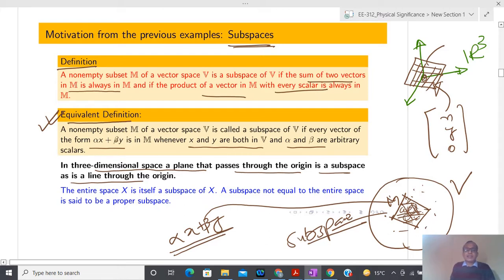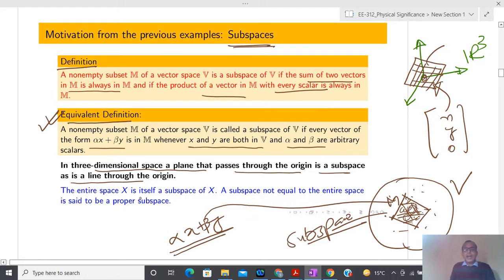You can just check that the linear combination of two vectors x and y lies inside M. That is enough to tell us that alpha x plus beta y belongs to M, and it is possible to show that whenever we check this, we automatically guarantee that the origin also belongs to the same set, and then that will form the subspace.